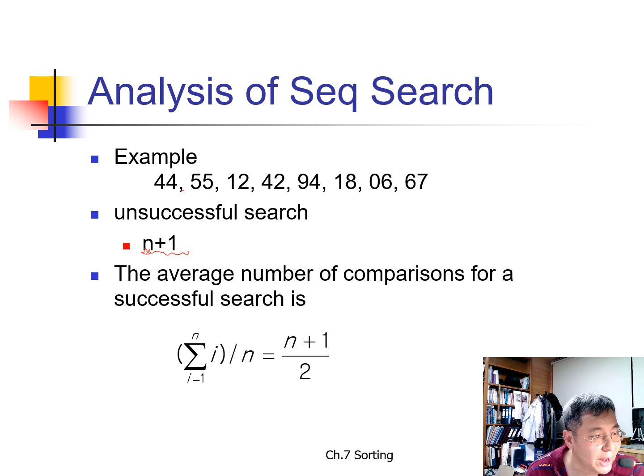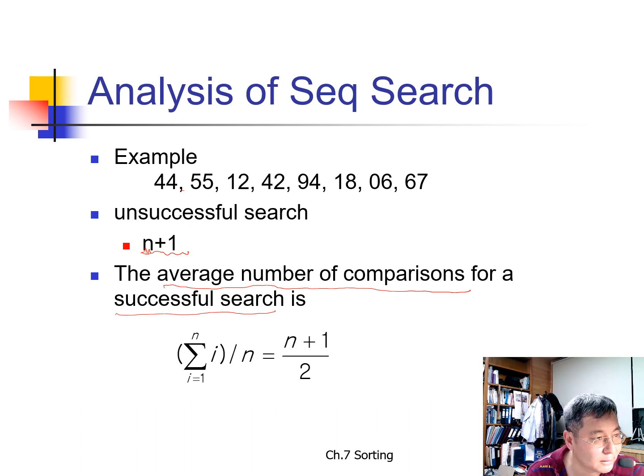So the average number of comparisons for a successful search is this: if we search for 44, we succeed in finding it at one comparison.